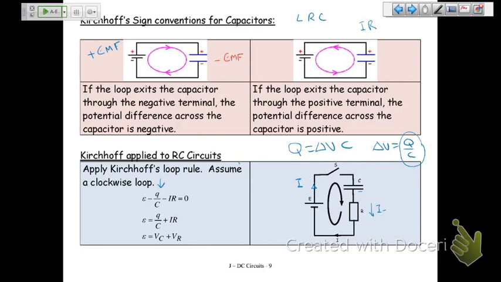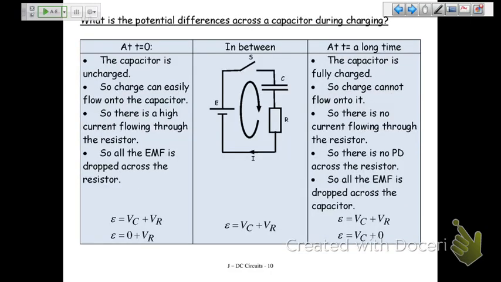What this is really saying is that my EMF is equal to my potential difference across my capacitor plus my potential difference across my resistor. We knew that from simple circuits: EMF is spent in the circuit. These are in series with each other, so the voltage drop across the top plus the voltage drop across the bottom equals my EMF.